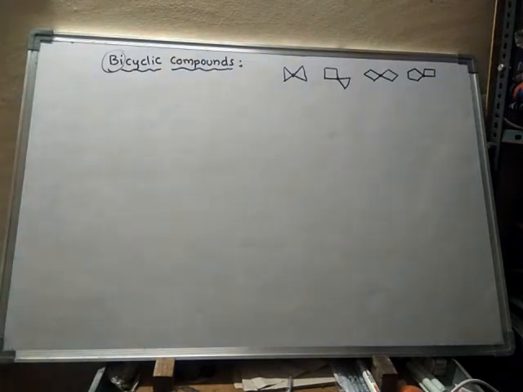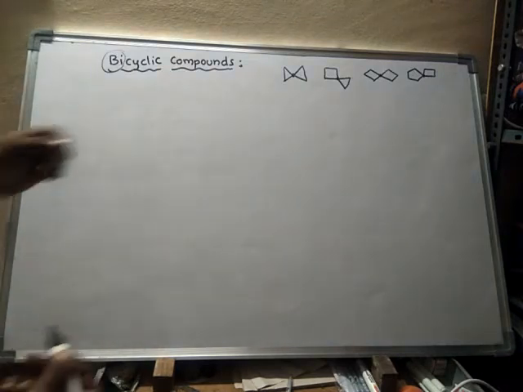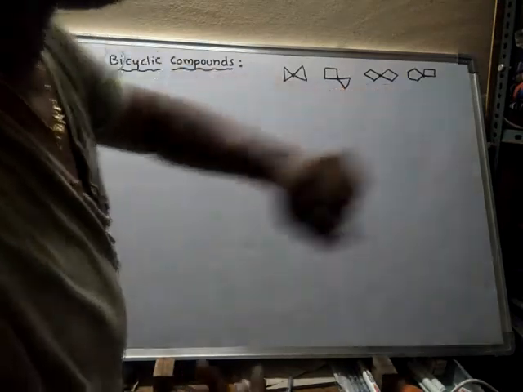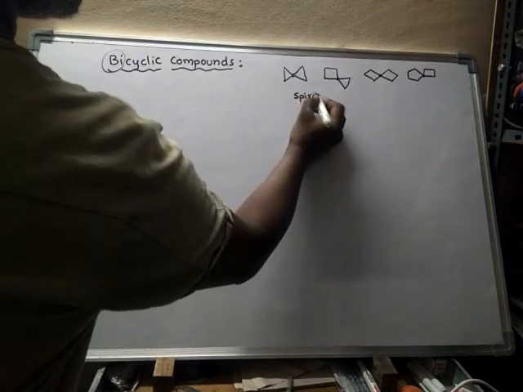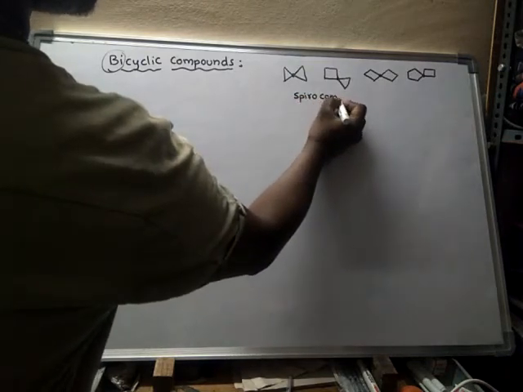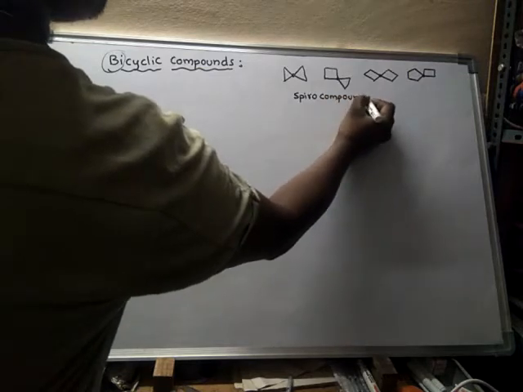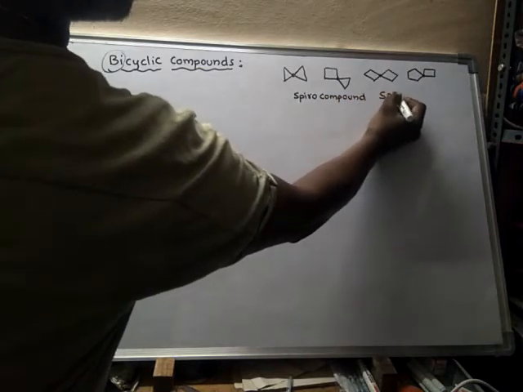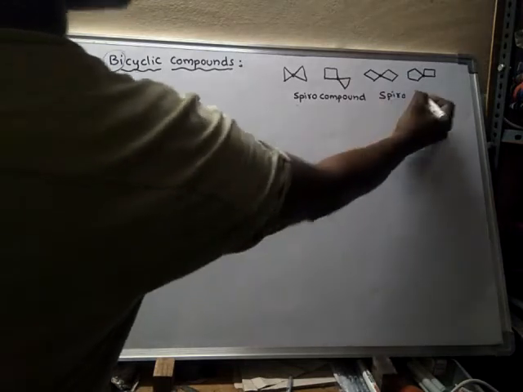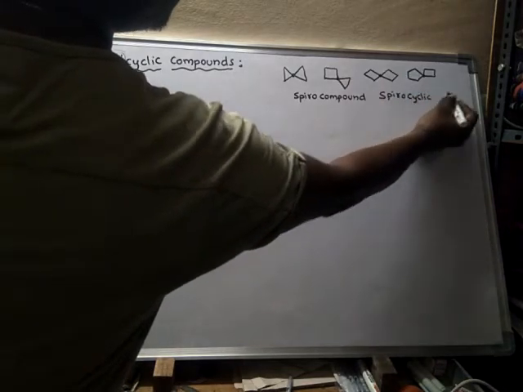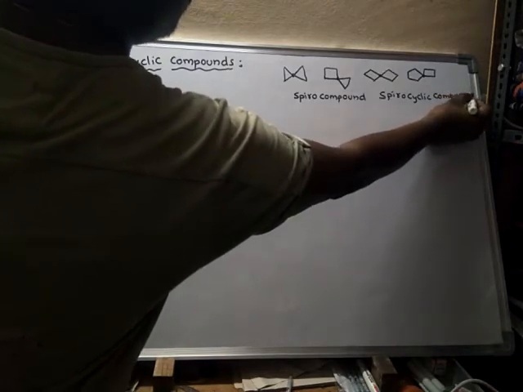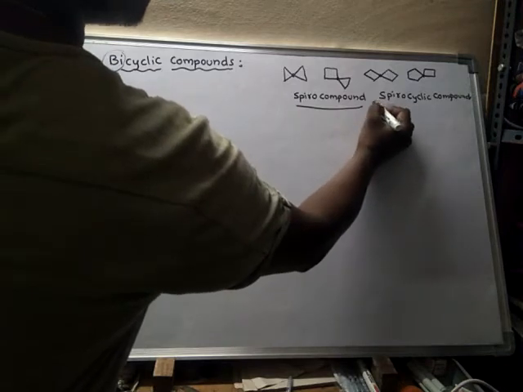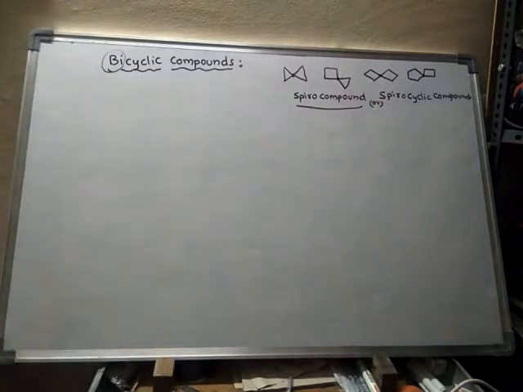If two rings are joined by only one carbon, such compounds are said to be spiro compounds, or simply spirocyclic compounds. Okay, spirocyclic compounds or also spiro compounds.